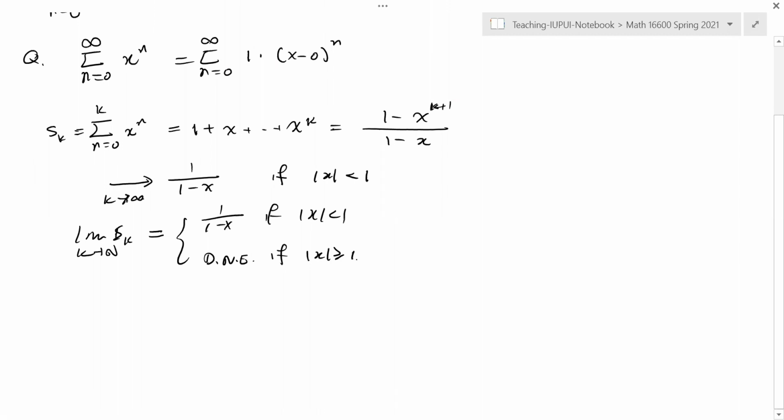All right, so we can simply write this function 1 over 1 minus x as a power series.